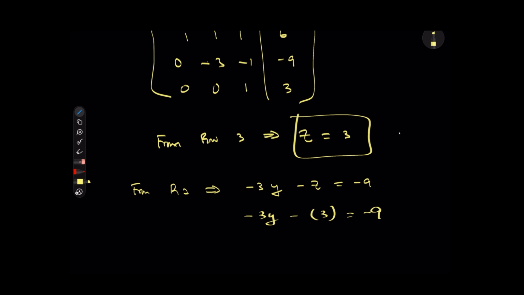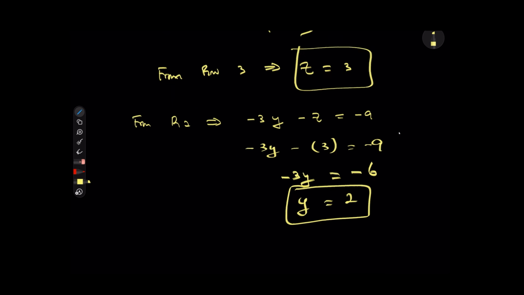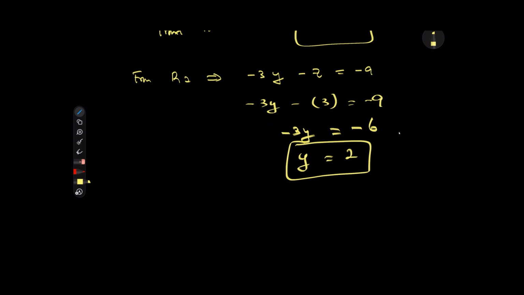Did I do this correctly? So I have negative 3y is equal to, carrying this to the other side, negative 6. So that means y is equal to positive 2. Now take z equal to 3 and y equal to 2, and put this inside row 1, which reads x plus y plus z is equal to 6.